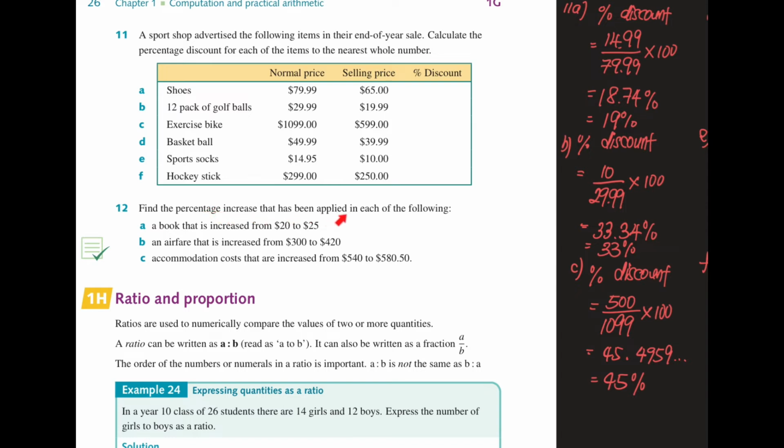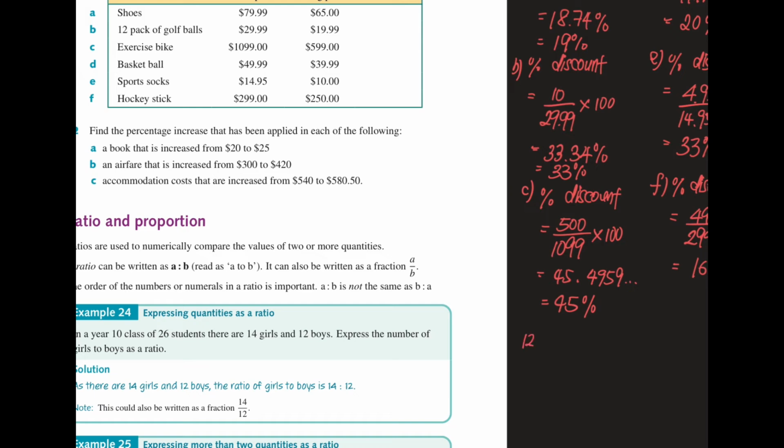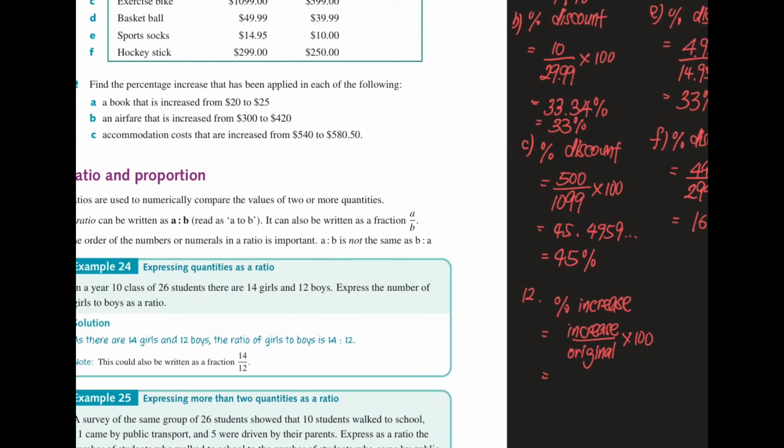Find the percentage increase that has been applied in each of the following. A boat that is increased from $20 to $25. Okay, so if we are looking for percentage increase, the formula is percentage increase is equal to increase over original times 100.